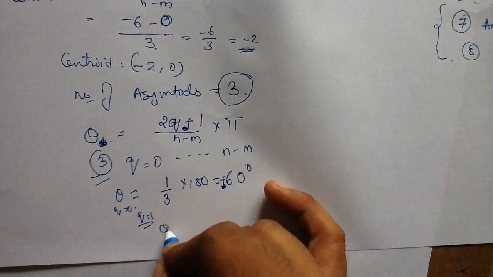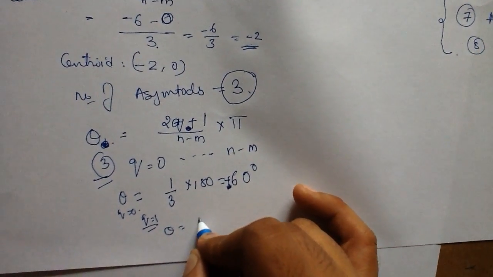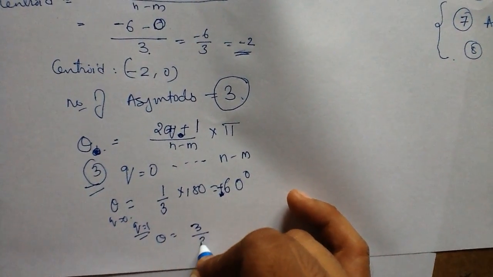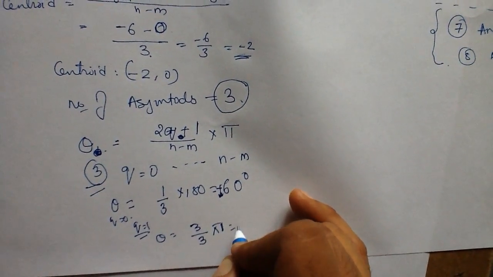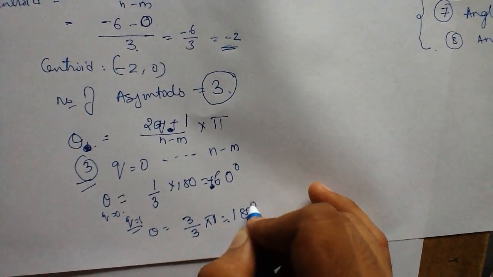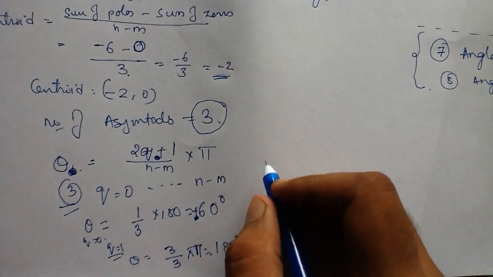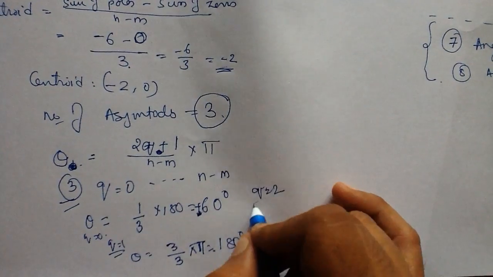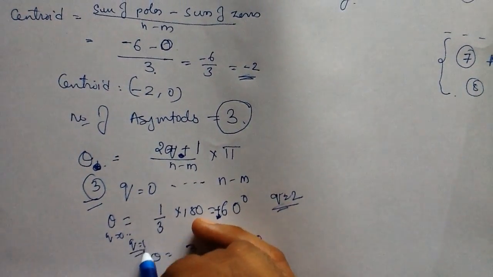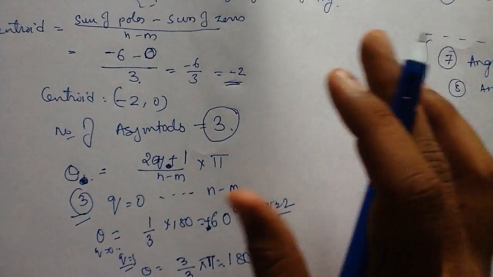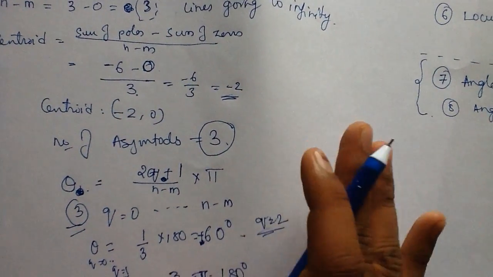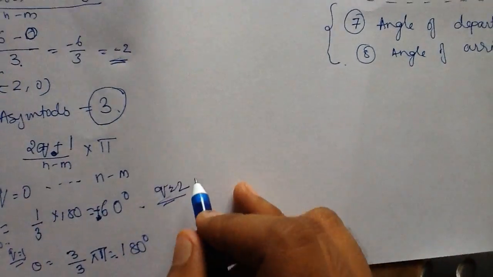Then theta is 2 plus 1, that is 3 by 3 into pi, which is 180 degrees. Now I'm going to take q equal to 2. So q is equal to 0, 1 and 2, a total of 3 q values. This is going to be my last one.